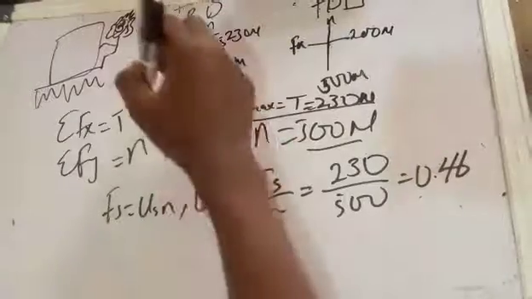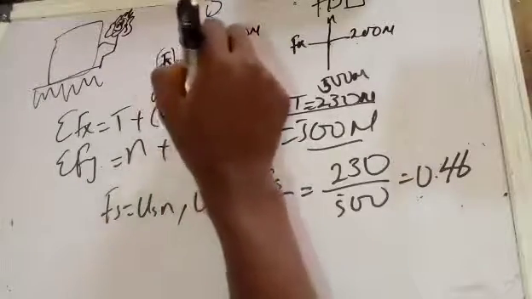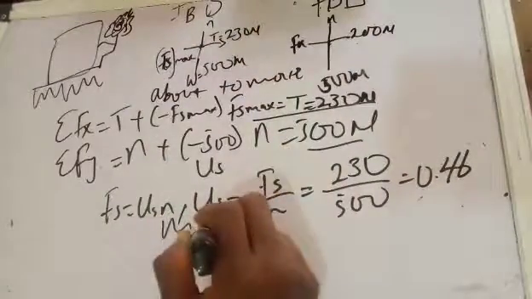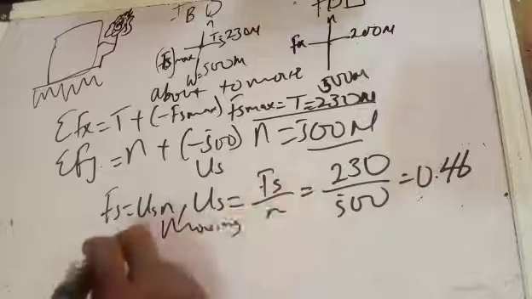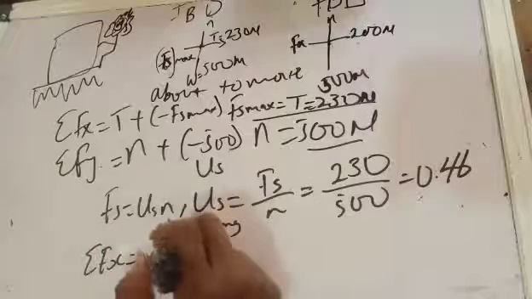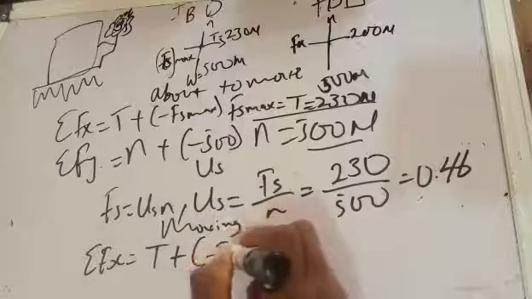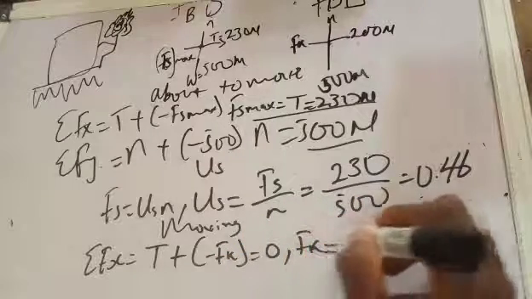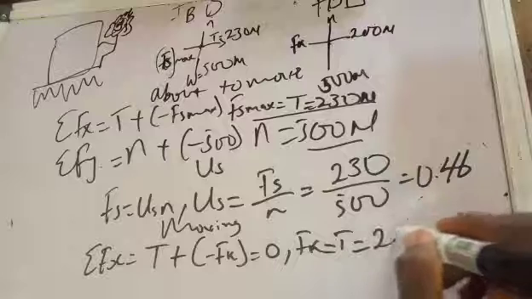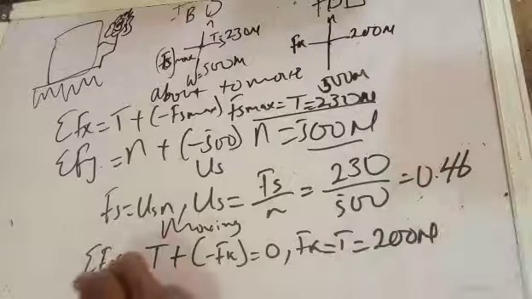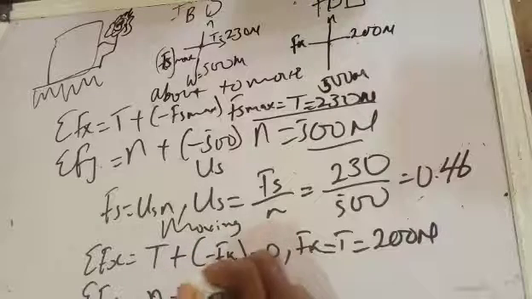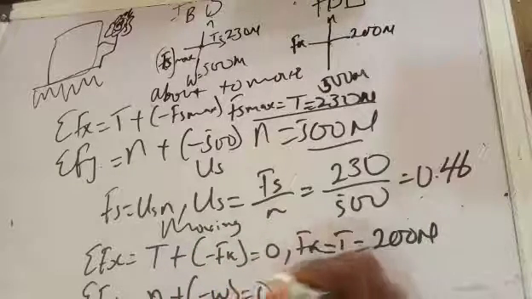Now this is for when it is about to move. Now when it is moving, the sum of forces on the x-axis, we say it is T plus negative Fk equals 0. So we know our Fk to be T, which is equal to 200 Newton. Now for the sum of forces on the y-axis, we say it is N plus negative W equal to 0.